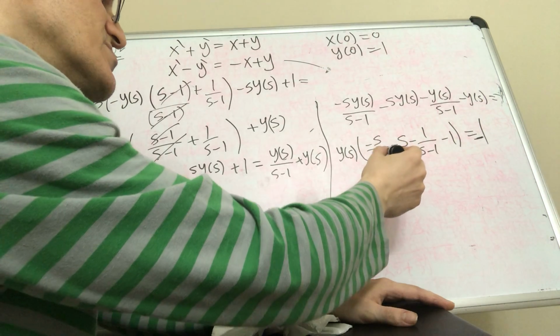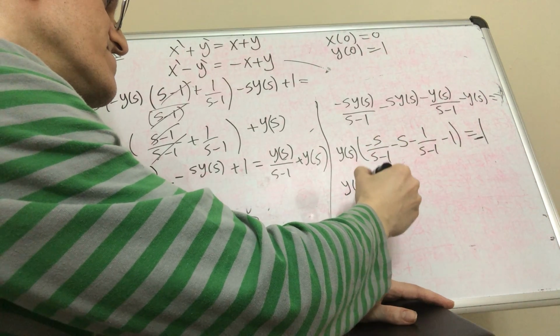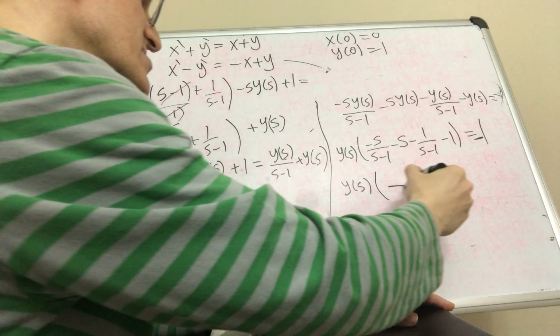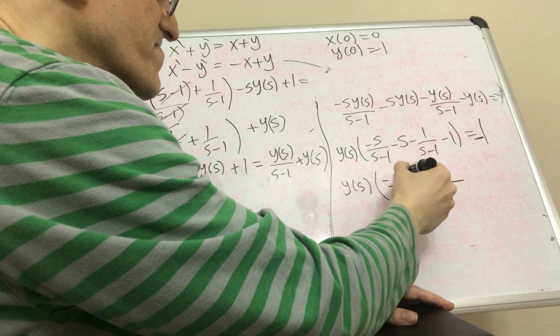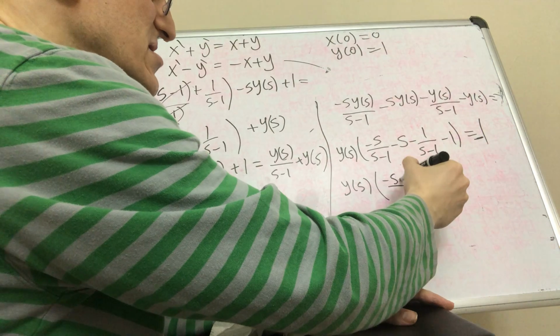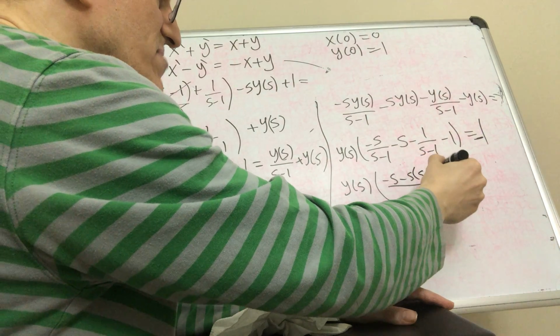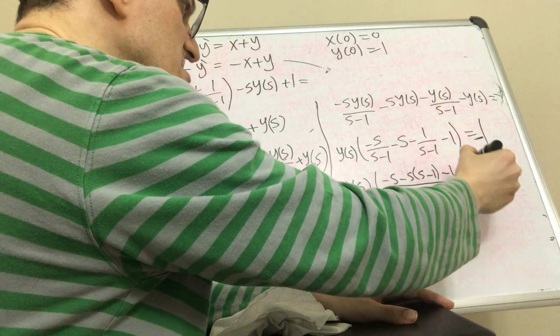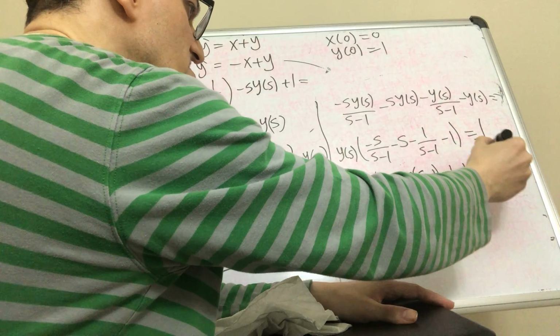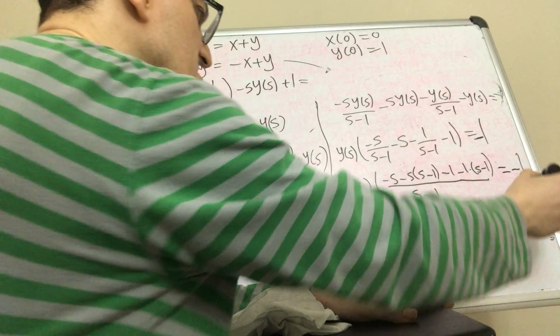If we do the common denominator for this, for this s means multiplied by s minus 1, and same as this was negative 1.